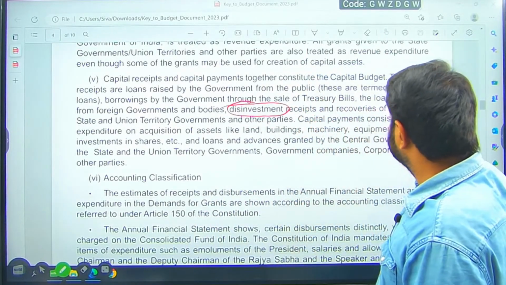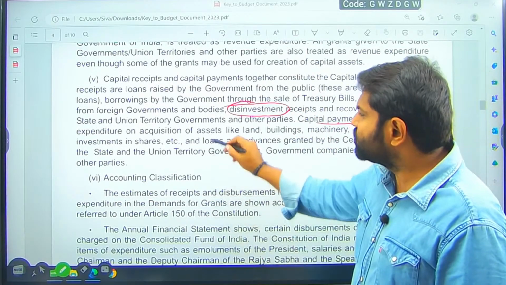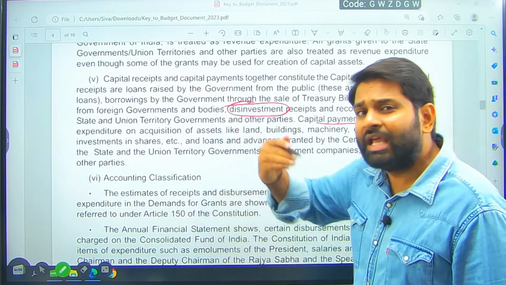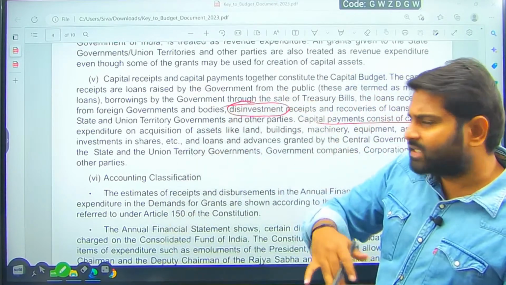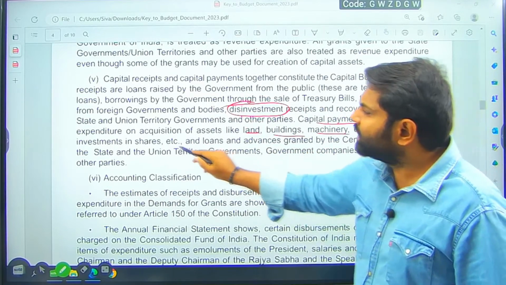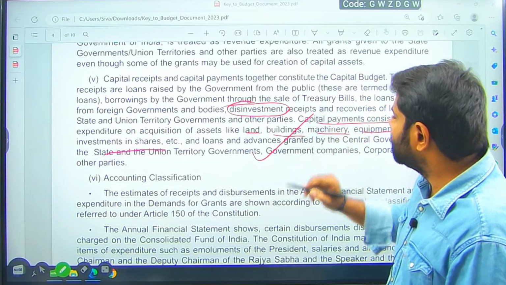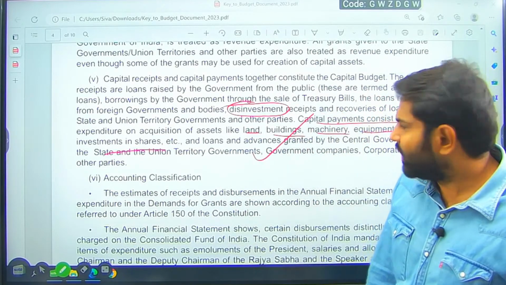And capital payments consist of capital expenditure on acquisition of assets. If you are spending money to acquire assets, that is land or building or machinery, equipment, investment or shares, anything, it will become capital expenditure, right?